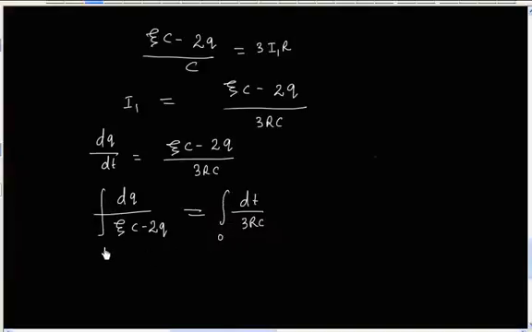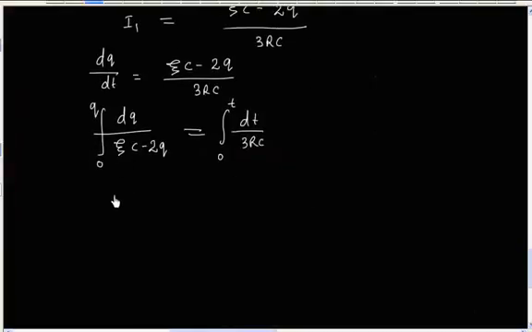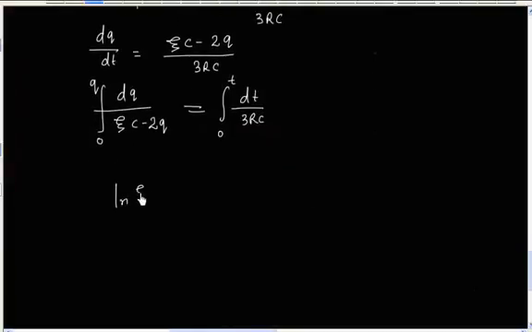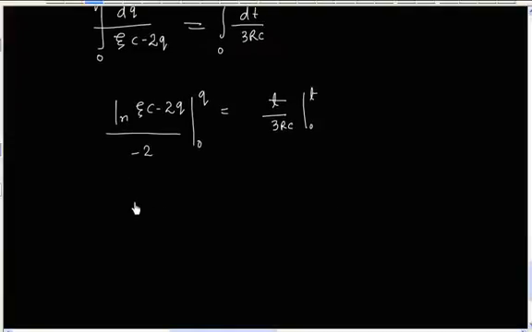At t is equal to 0, there is no charge on the capacitor. At t is equal to t, let us say charge is q. So integration will be ln of Xi C minus 2q, and we have to divide by the coefficient of q, that is minus 2, and limit will be from 0 to q. And this side we will have t by 3RC, and limit will be 0 to t. So now I can write ln Xi C minus 2q, limit 0 to q, and this 2 goes this side, so we will have minus 2t by 3RC, 0 to t.